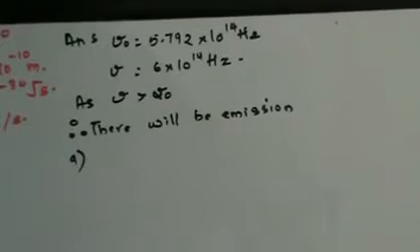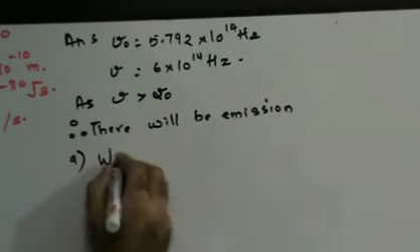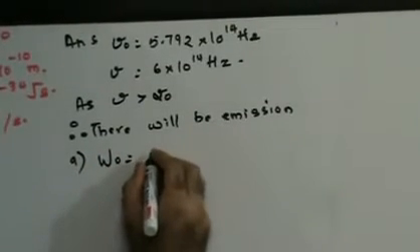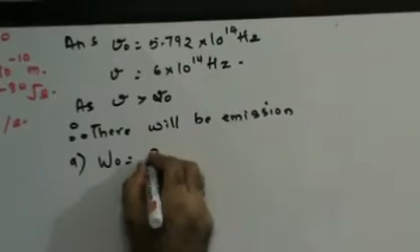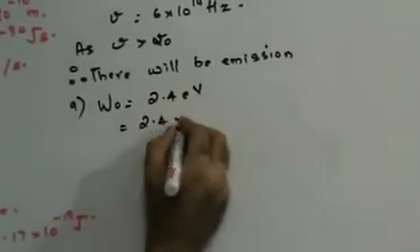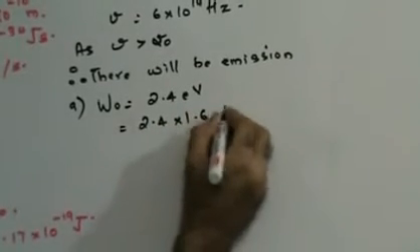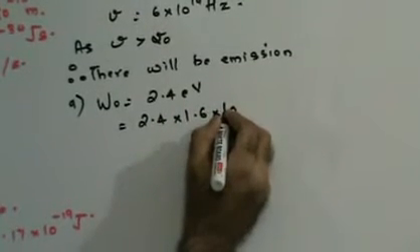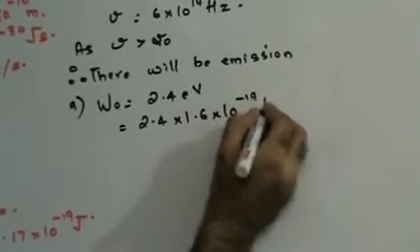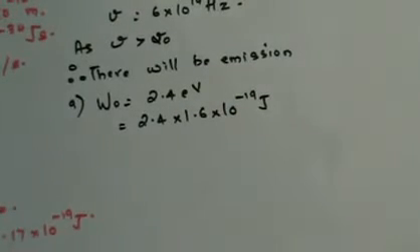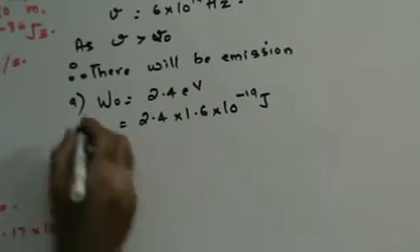The work function of a metal is 2.4 electron volts.